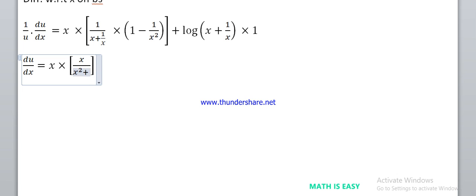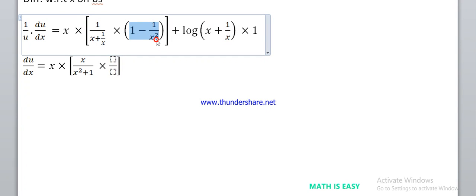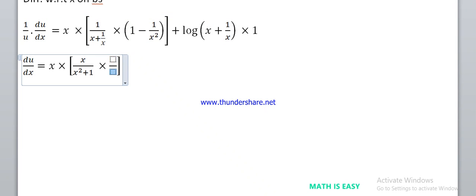Then multiply by, if I take the LCM for the next two terms, your LCM is going to be x square, and here you are going to get x square minus 1.